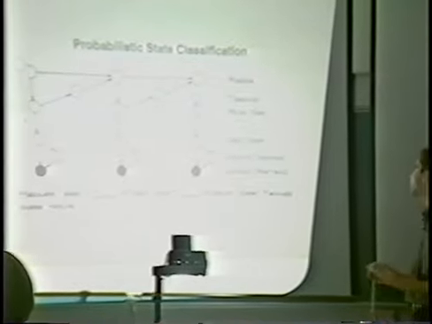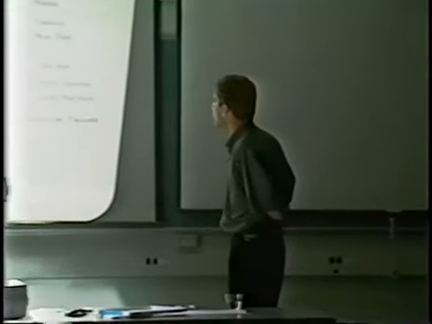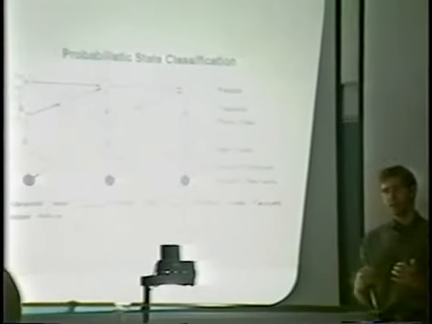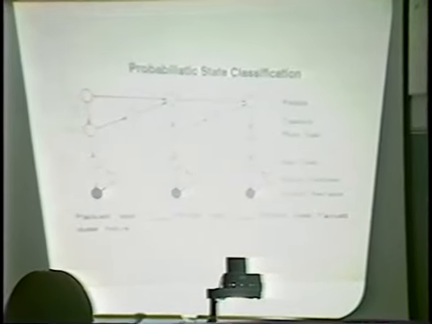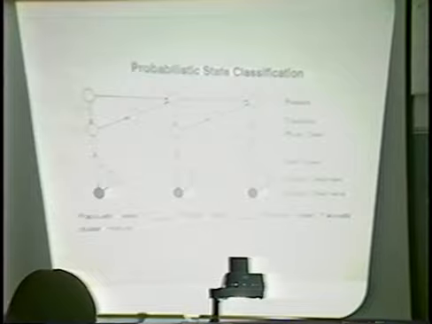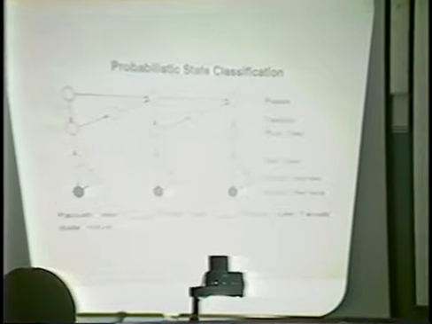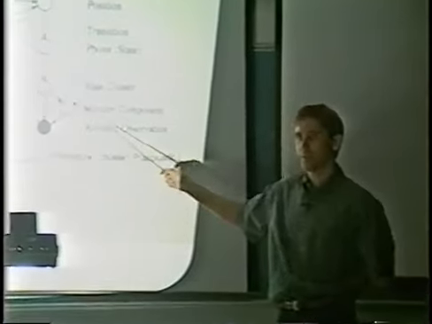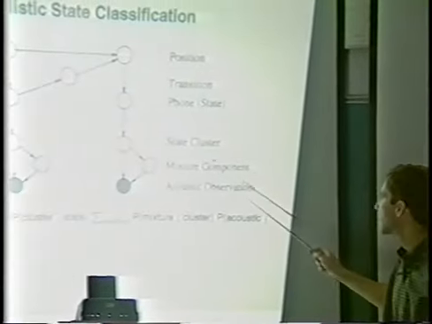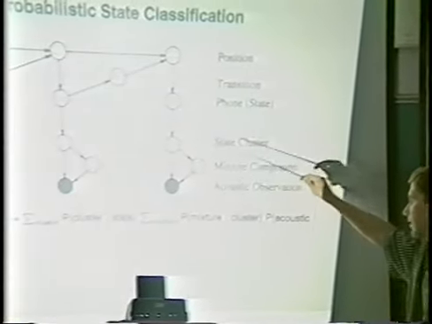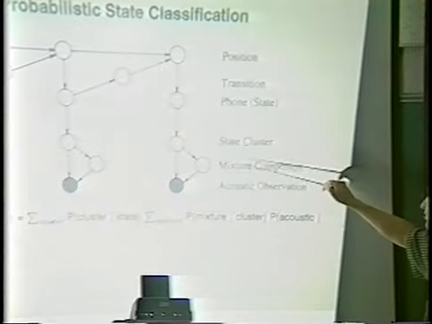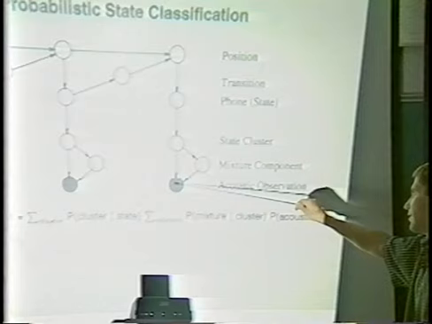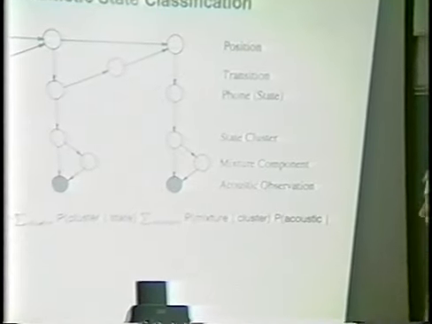There's going to be some distribution. Associated with each state cluster is a set of Gaussians. And the Gaussian that you want to use in order to model a particular acoustic is determined by the value of this mixture component variable. So the combination of a cluster value and a mixture value tells you what Gaussian to use, and then you can compute the probability of the acoustic observation.